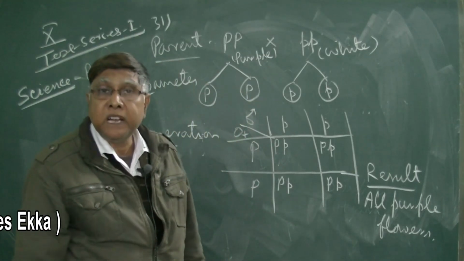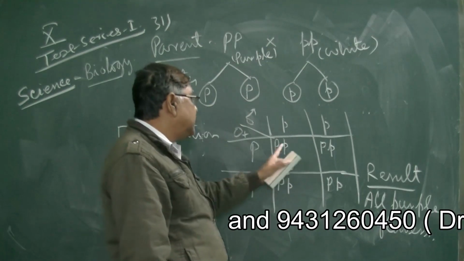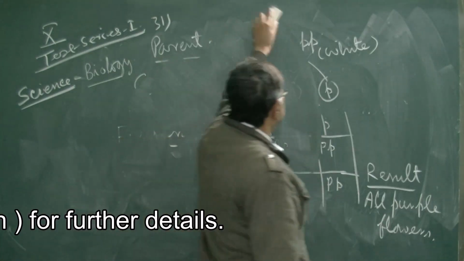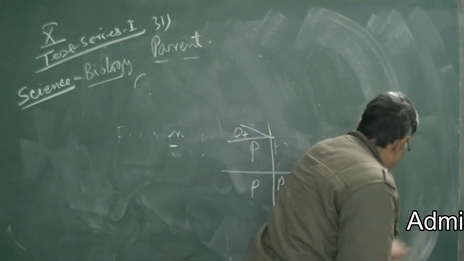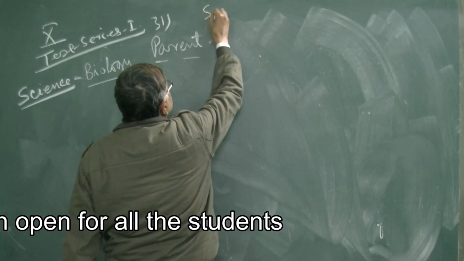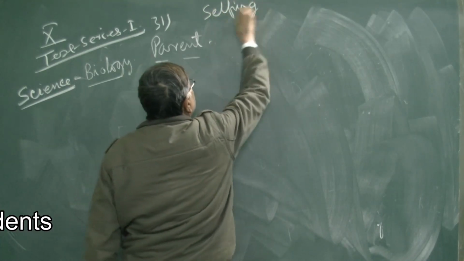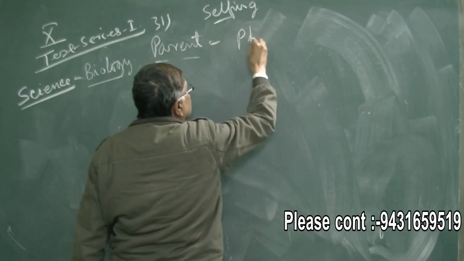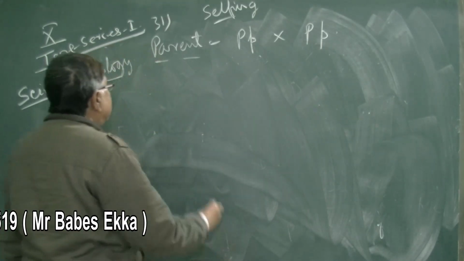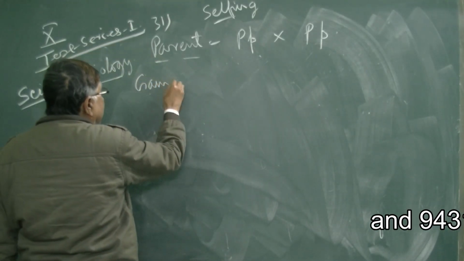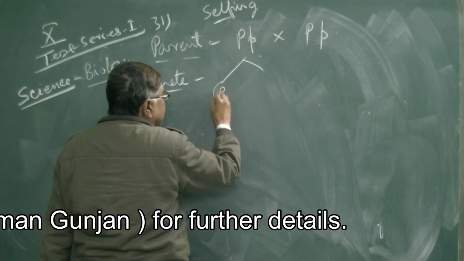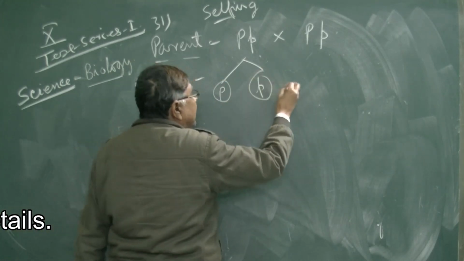Then for getting the F2 generation we will do the selfing among these two. And selfing means self pollination. The same parent capital P, small p crosses with capital P, small p for obtaining the second generation. Now we will prepare gametes in the same way as the previous cross. One gamete contains capital P allele, another gamete contains small p allele.